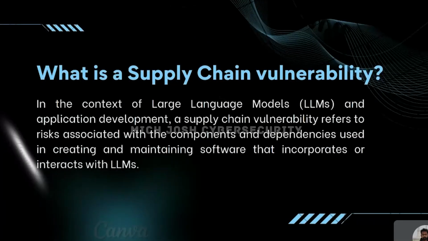First things first, we are going to understand what is a supply chain attack. Before that, why are hackers using supply chain vulnerabilities and typosquatting attacks? Because they want to modify the official library. Most of us download a lot of tools from GitHub.